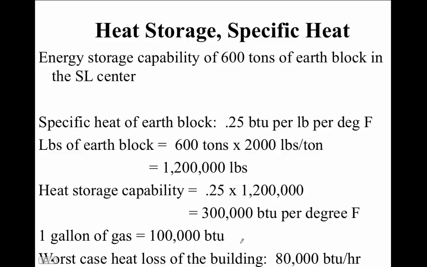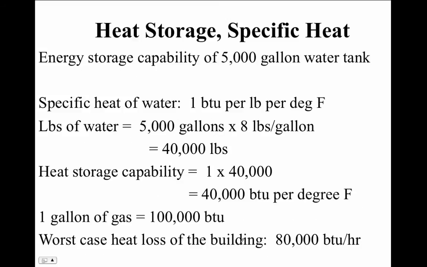And so this is a way in which we could use the walls of the Sustainable Living Center to store surplus solar energy. We don't do that now. We could operate the building differently. Somebody remember to ask me why it isn't done in the Sustainable Living Center now, and we'll talk about that tomorrow during class.